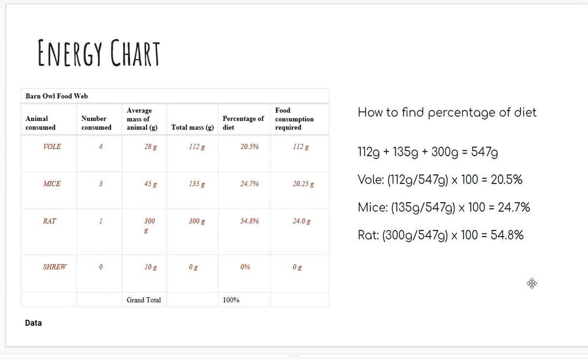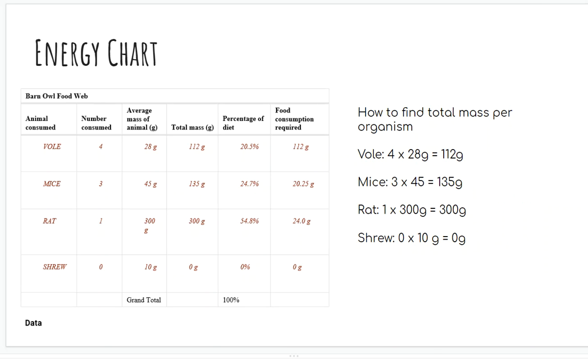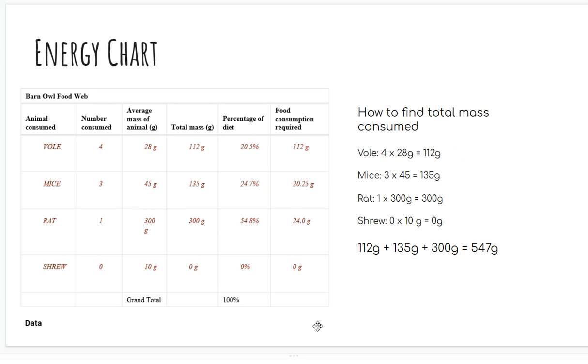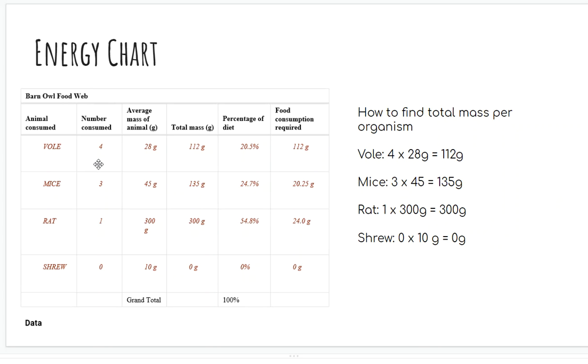Now I know I've talked a lot about numbers here, so feel free to go back and take a look at this chart. You'll see in the slides that I have linked that I tried to do it step by step. Taking the number of organisms consumed times its mass gives me a total.